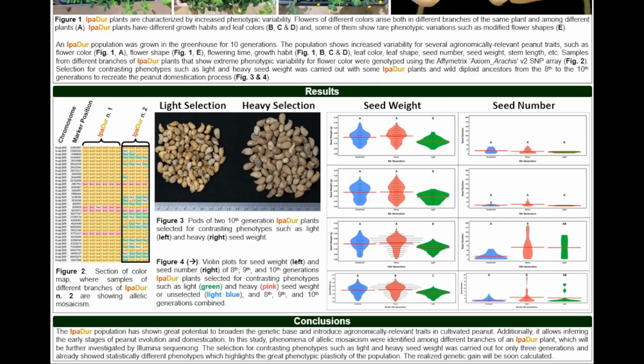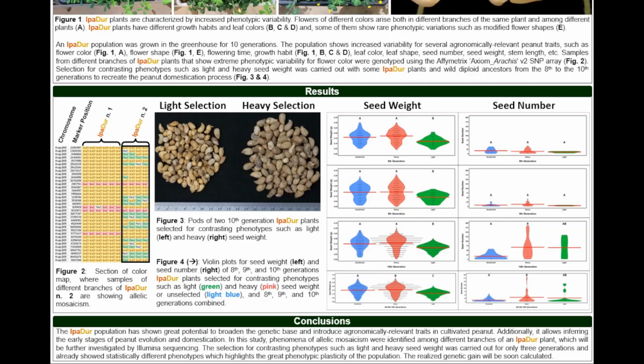However, some material like IPADUR number 2 shows different allelic codes for samples from the same plant. This is called allelic mosaicism and implies something is occurring at a mitotic level with this material. We will further investigate what is occurring genetically using Illumina sequencing.